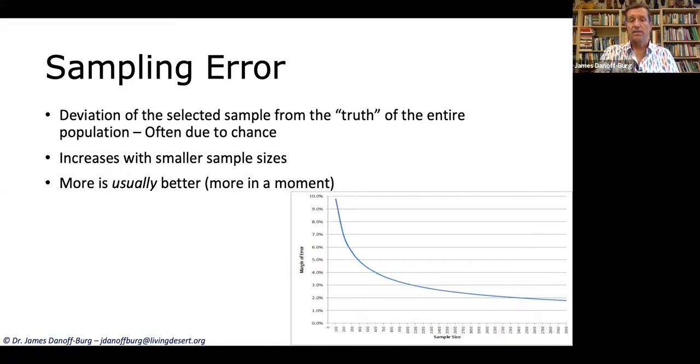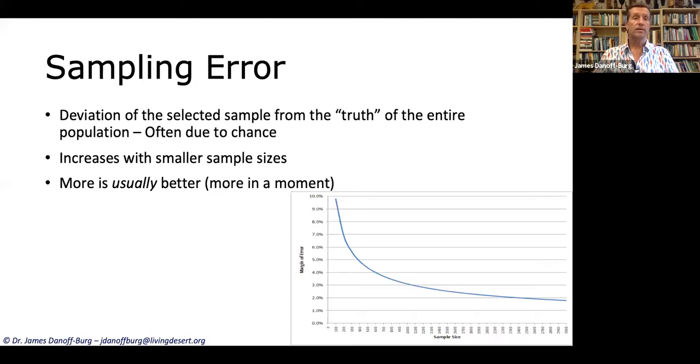You can see that when we go from 0 to, say, 200 people that we speak to, this margin of error cuts almost in half. At 300, it's less than half. So when we talk to enough people, we are really reducing the sampling error, reducing the margin of error, and increasing the representativeness of our sample of the whole population.